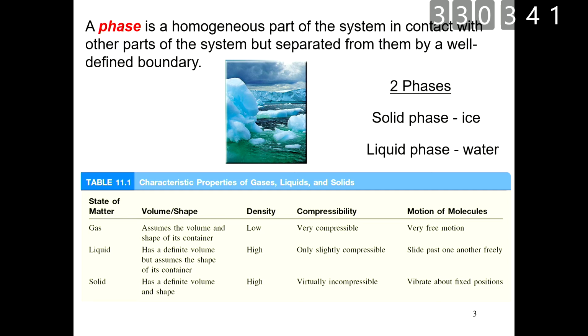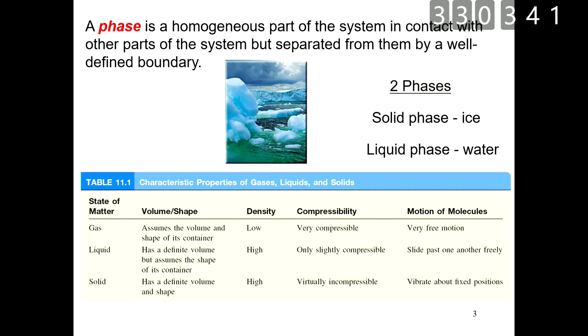But when there is ice, it also produces some vapor sometimes. Of course, yes, there will be vapor, so you can also suggest three phases in this picture. What we can say is there are definitely two phases, and between the phases they have a boundary, right? Okay, so this is about phase.